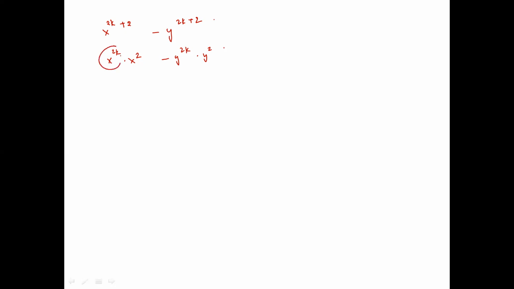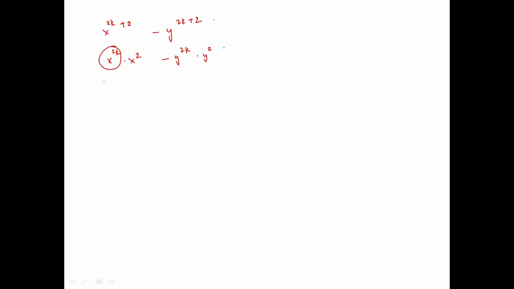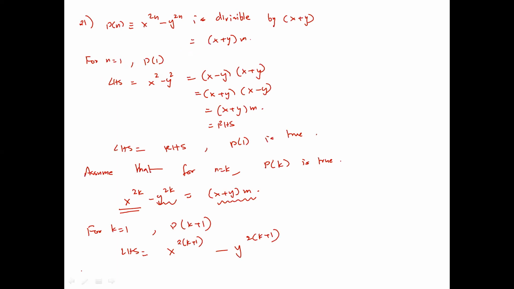Now how will I write x power 2k? From P of k, x power 2k can be written as x plus y times m plus y power 2k.